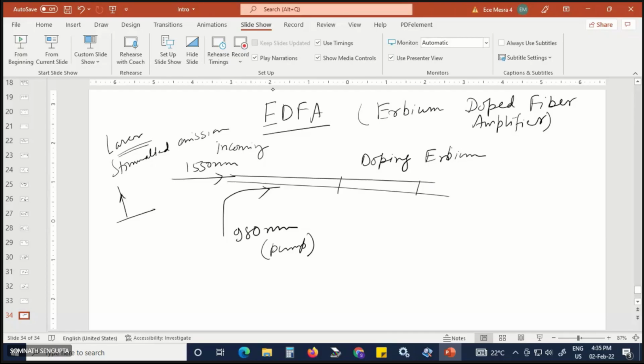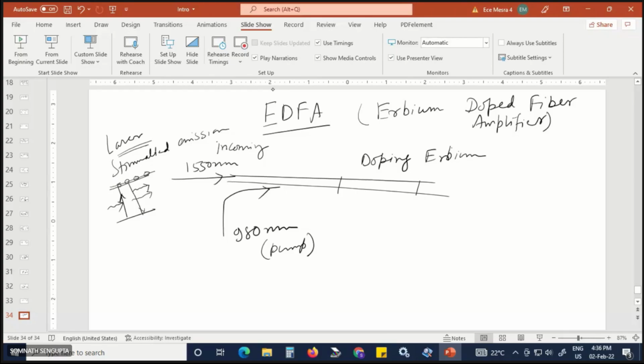Stimulated emission means the molecules are pumped to a higher energy level, and if a photon is incident, then that photon will be released as well as another photon will be emitted. So one photon produces another photon. That way light is amplified.